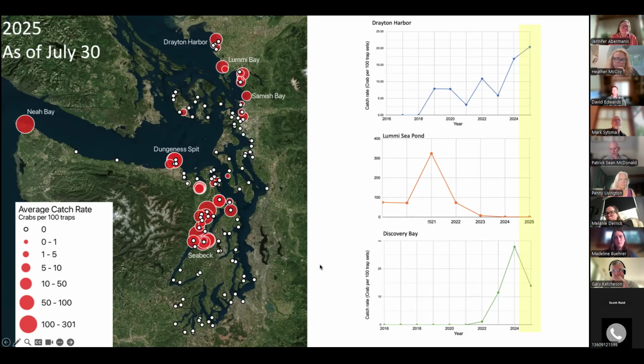So the effort is still going into setting traps. And I will say that despite the fact that catches are relatively low in many of these areas, the effort continues to be pretty high. So there's a lot of traps being set. The reason for that, again, this gets to the philosophy of this sort of effort, is that what we really want to do is deal in diminishing returns.